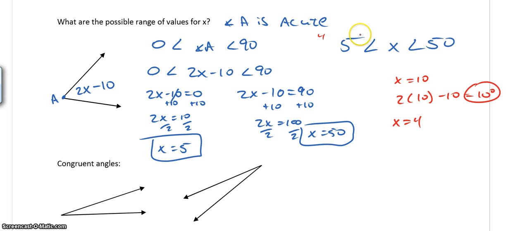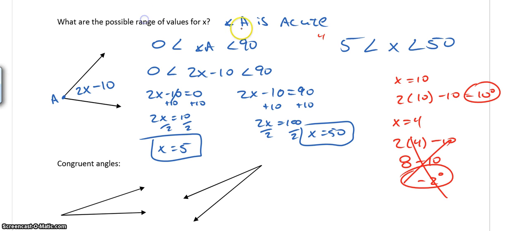We would have 2 times 4 minus 10, so that gives me 8 minus 10, which is negative 2 degrees. Is it possible to have a negative angle measure? Did this angle disappear and then come back in the negatives? No. Impossible, so that value won't work. So the possible range of values of x is anything greater than 5 and less than 50, so basically between 5 and 50.